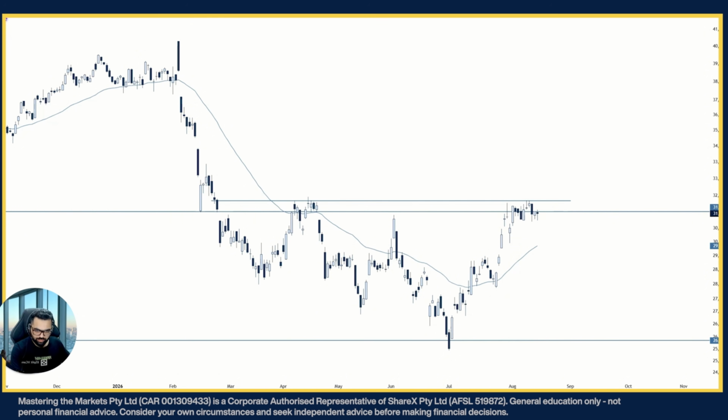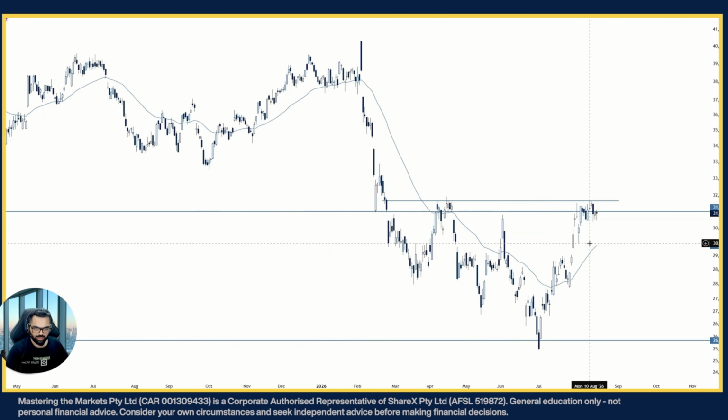Now here, the way it is spending so much time at the resistance, any big candle here like this would actually mean that it has digested this range already and is ready to move further high up. So all eyes on IT in the near term to see whether it can also continue outperforming the market.